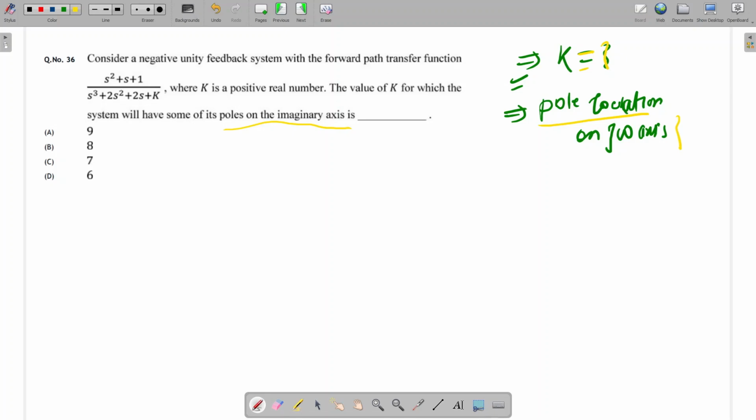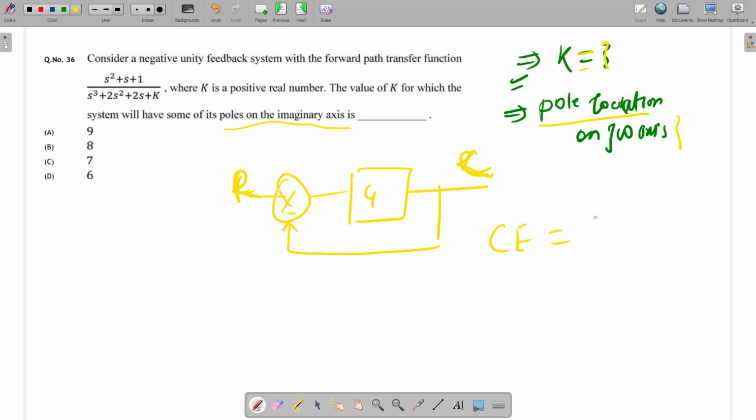See, this is an open loop transfer function with unity negative feedback. It means G is given, and here minus is there. This is C, this is R. So what will be the characteristic equation? That will be 1 plus G equal to 0.